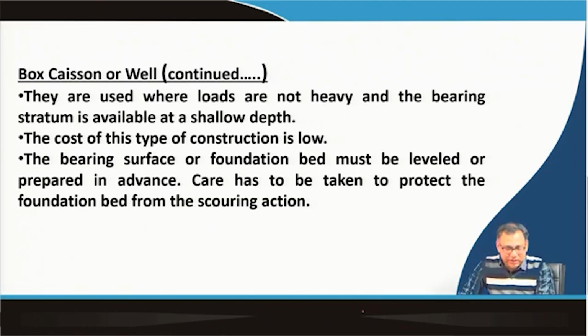The advantage is that the cost of this type of construction is low, and the disadvantages are that the bearing surface or foundation base must be leveled before it is installed. Then care has to be taken to protect the foundation bed from scouring action.